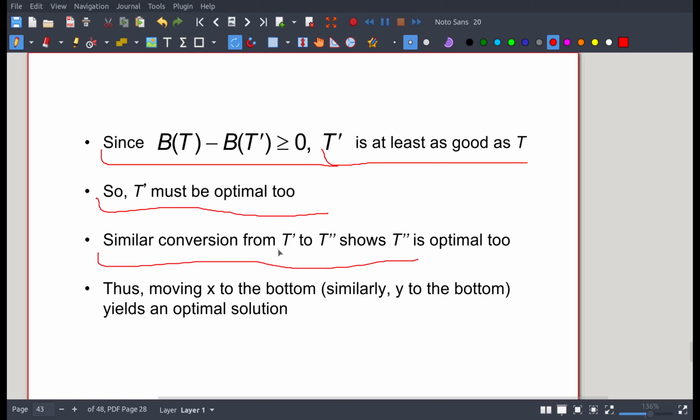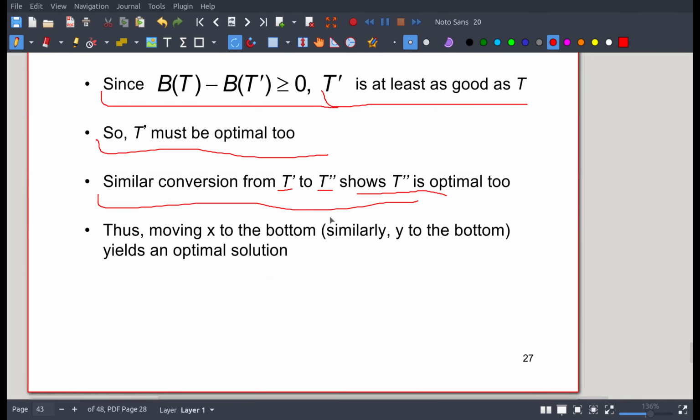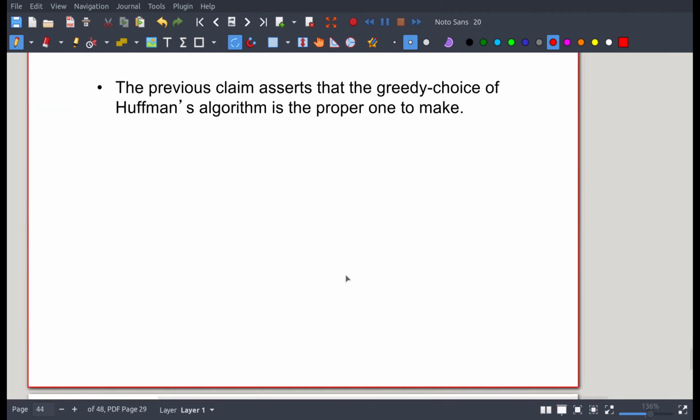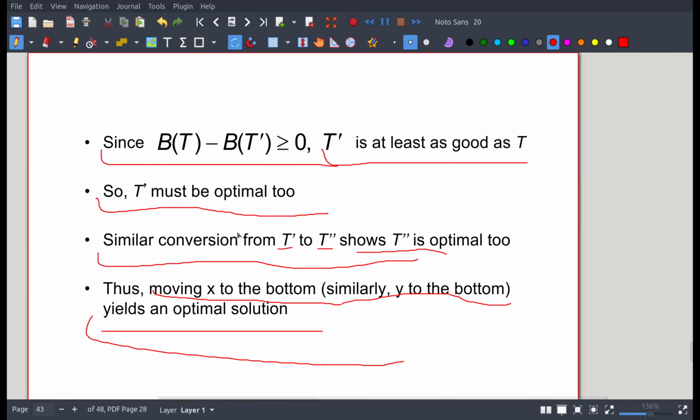Similarly, we can do the conversion from t dash to t dash dash to show that t dash dash is also optimal. We can do the same thing, b of t dash minus b of t dash dash, to get the same result. So what we're saying is that moving x to the bottom and moving y to the bottom gives us an optimal solution. And this is basically how we prove it. I hope that makes sense, inshallah.